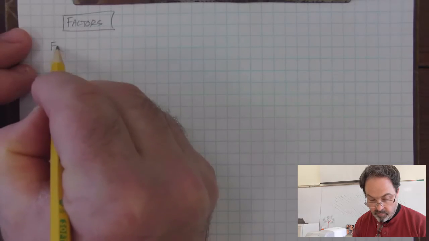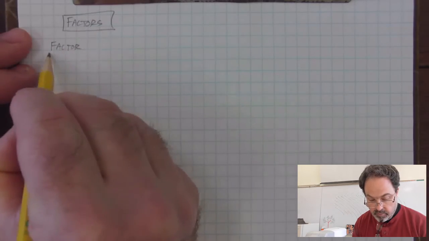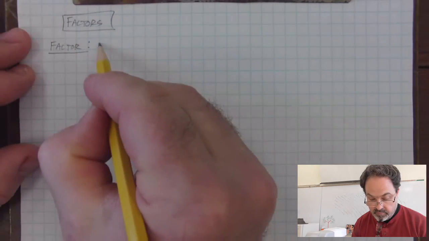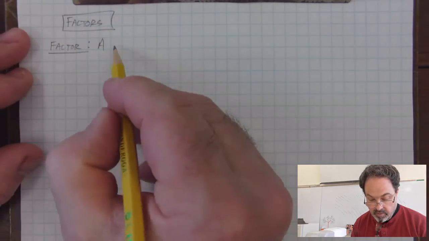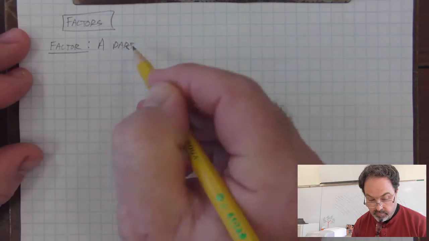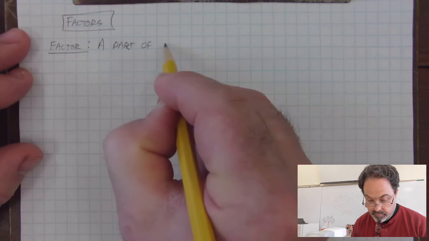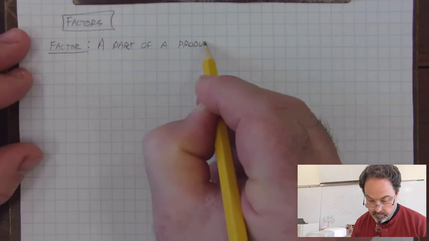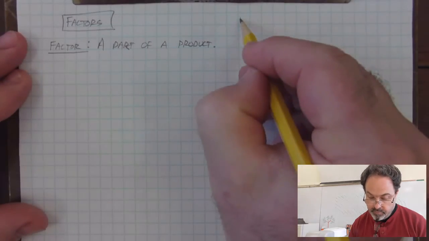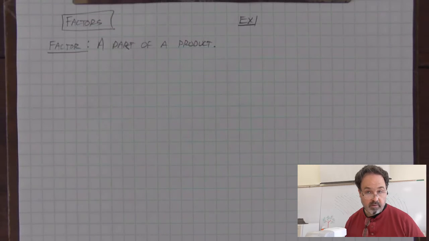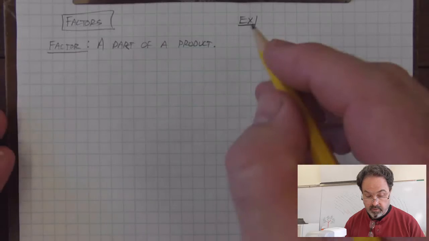We'll define what a factor is. The word factor can have a couple of important meanings. A factor is a part of a product. For example, and we have to remember that a product is a multiplication problem or the result of multiplying.